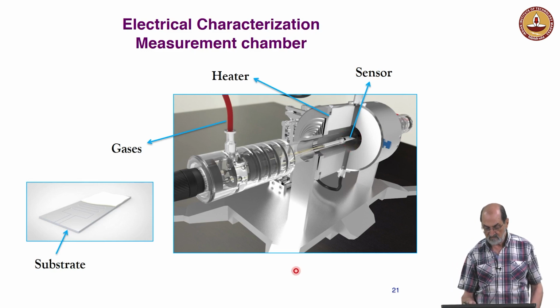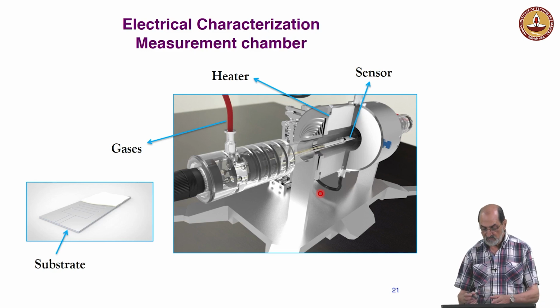This is created with the computer. This is not a picture. So we have cut here the oven. We put the sensor within the oven, and here there are gases entering. There has to be some exit someplace. I think it's here. In that way we control the gases in the environment and the temperature.